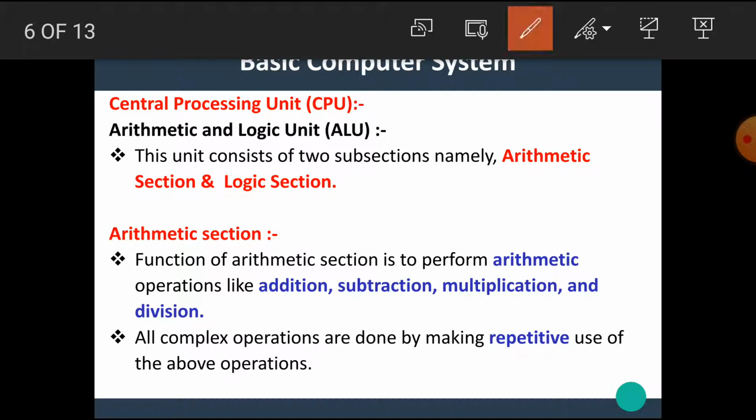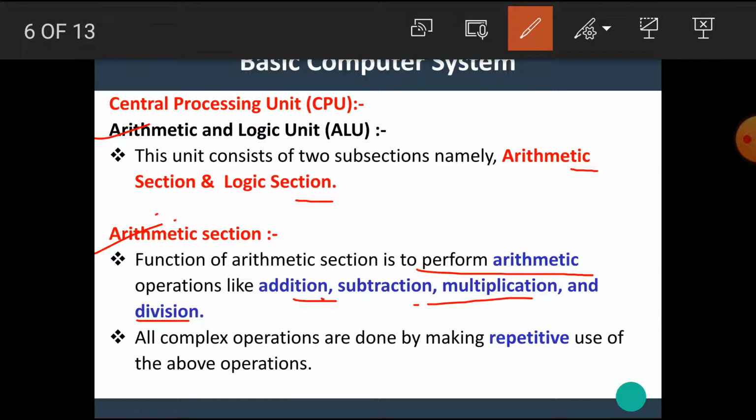First one, let's see the arithmetic and logic unit, that means ALU. This unit consists of two subsections, namely arithmetic section and second one is logical section. Let's see first what is arithmetic section and what is its work. Functions of arithmetic section is to perform arithmetic operations like addition, subtraction, multiplication, and division.